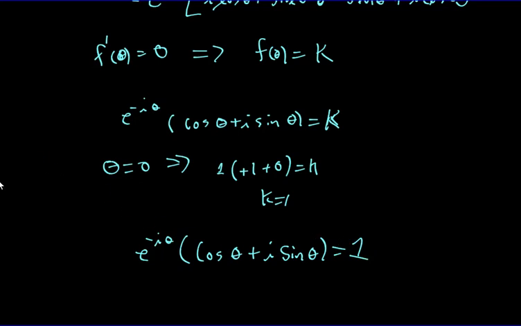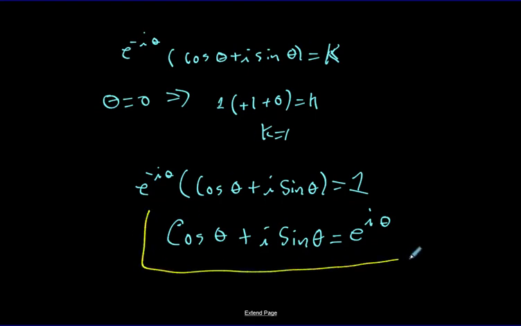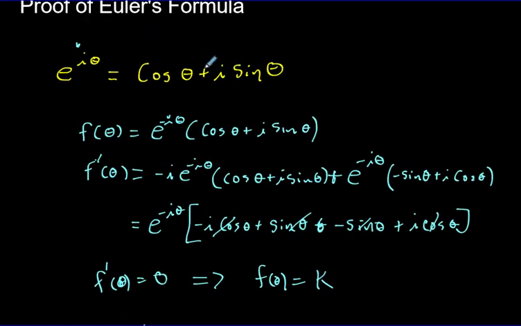And then I can multiply both sides by e^(iθ), positive, and I'm going to get cosine of θ plus i sine θ, and that's going to be e^(iθ). And that is what we wanted to show. This guy right here is Euler's identity. So that's what we wanted to show up here.